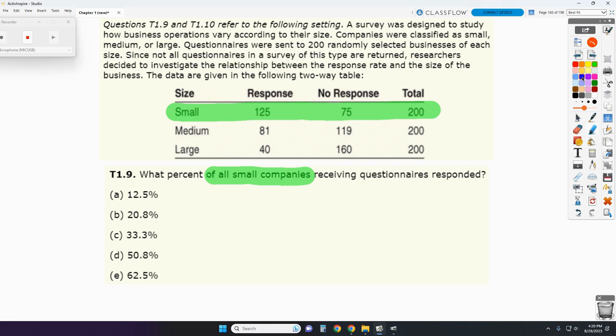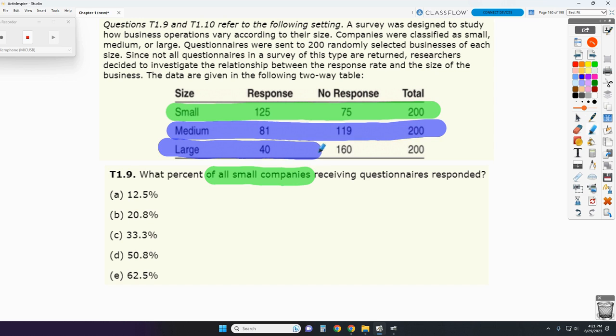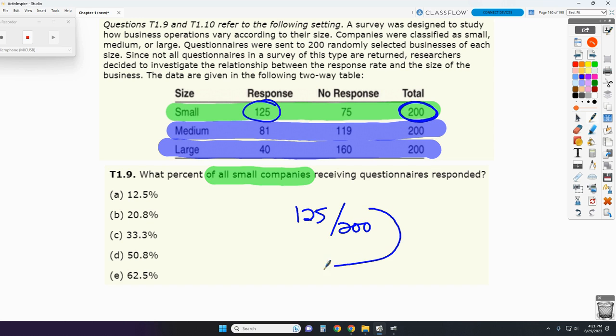They don't want us to focus on all of the data. So consider, I'm not blacking these out, but bluing them out. I really want to focus on the small. Only focusing on these 200 companies in particular, what percent actually responded? Well, 125 responded out of 200, and that comes out to be 62.5%.